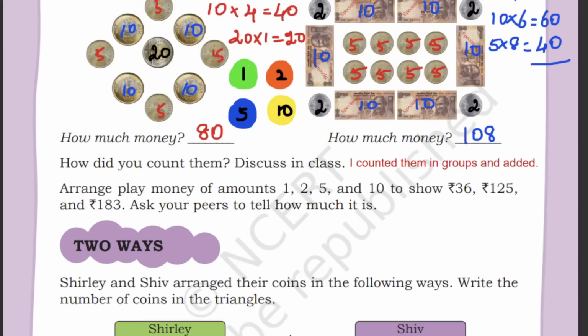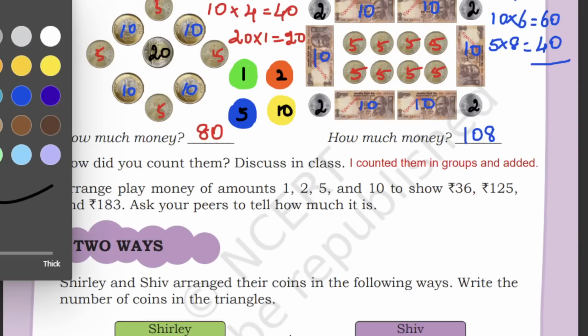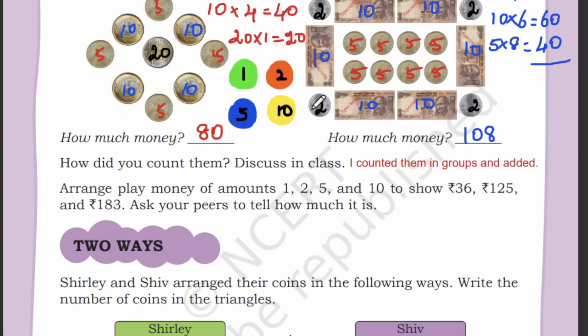Okay, now first we will make 36. So 36 we can take yellow, 3 yellows. We will do it here. So 1, where is the bigger size?